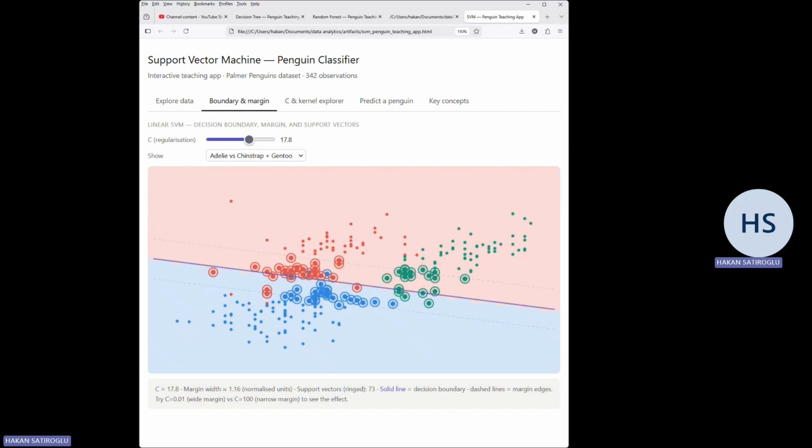In that sense, SVM places a decision boundary, and between the dashed lines you can include the widest possible margin. The ringed points nearest the boundary are the support vectors.